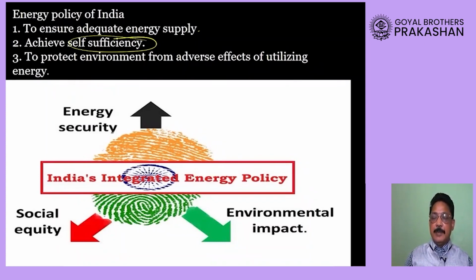So the country is making a lot of effort to produce energy for ourselves. And third important thing, our country also believes that while we are producing energy, we have to make sure that we do not cause any damage to our environment. So these are three very important energy policies of our country, India.